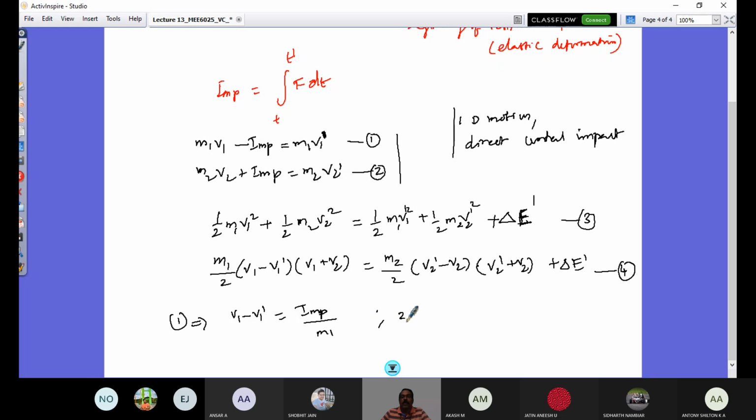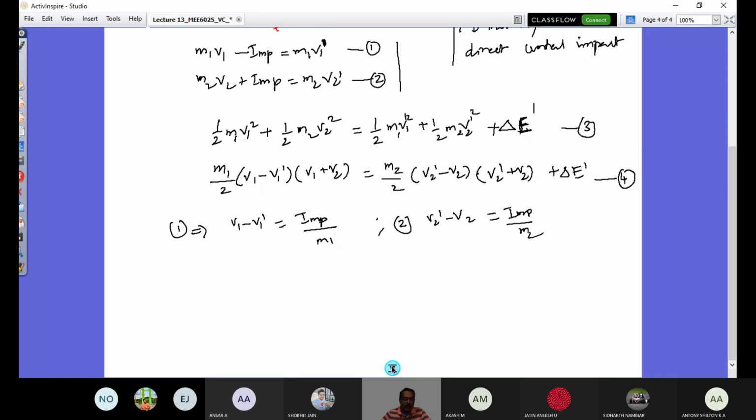Similarly, from equation 2, I get V2 dash minus V2 equal to IMP by M2. Now I can substitute these into the equation and rewrite it.